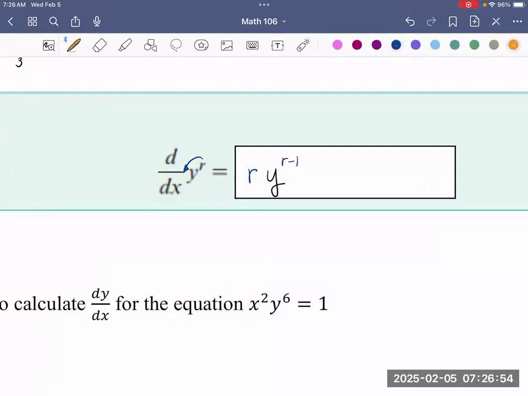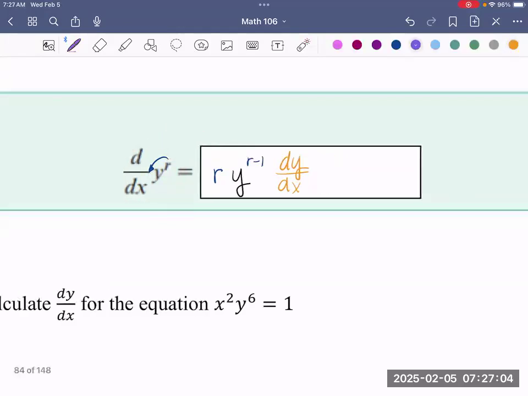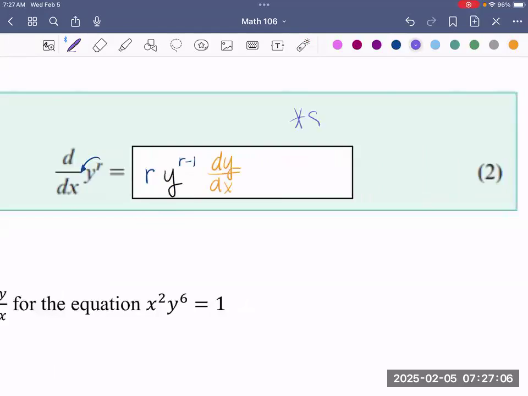The only difference with deriving y is that we now need to tack on dy dx. This is just saying, can you derive your y term? Again, this is the exact same as the power rule. Just add dy dx.